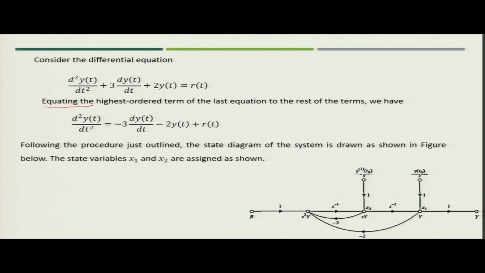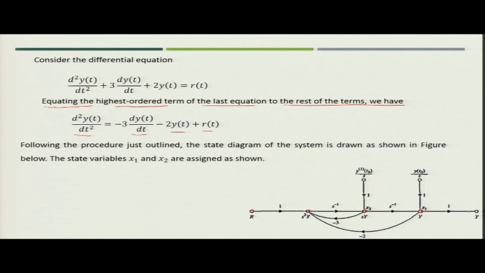We will equate the highest order term of the last equation to the rest of the terms. So, what we can write? We can write d2y(t) by dt2 is equal to minus 3 dy by dt minus 2y(t) plus r(t). So, here we will have 1, 2, 3, 4 terms. So, we will create 1, 2, 3, 4 nodes.